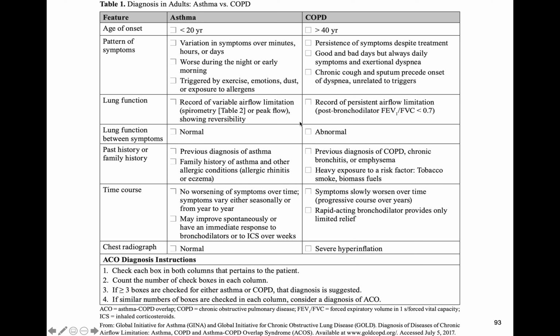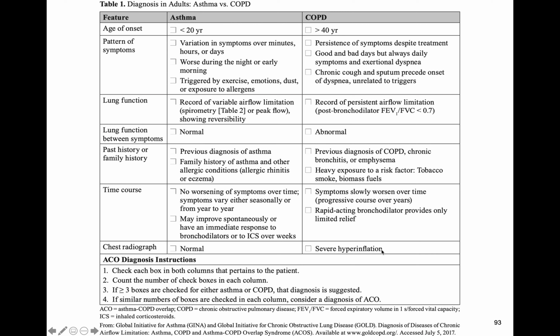And certainly with asthma, it is reversible, or at least you have a better result in your peak expiratory flow if you give a bronchodilator, whereas in COPD, bronchodilators really tend not to change that result as much. In a chest radiograph, chest x-ray, asthma patients present with normal-looking lungs.